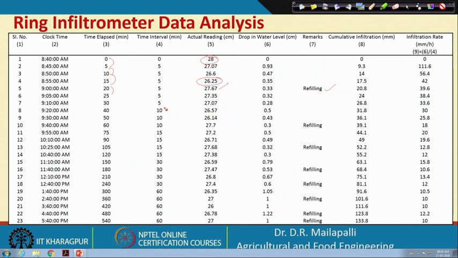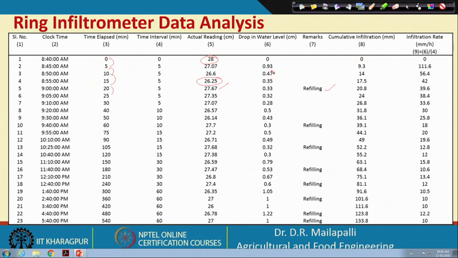Like that, you have to count the times 5, 10, 15, 20, 25, as well as add water for a particular fixed fall. Then you find the drop, and these are the remarks, and this is the cumulative infiltration.